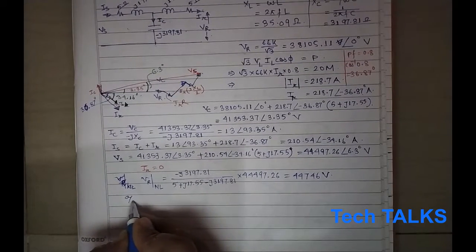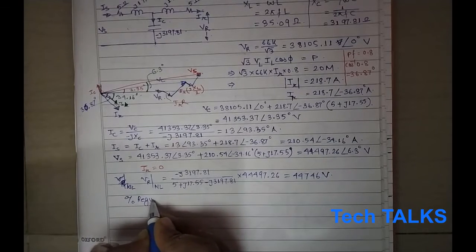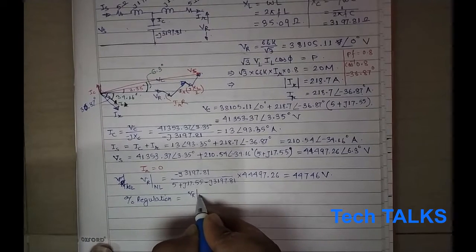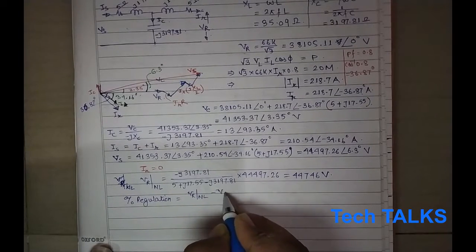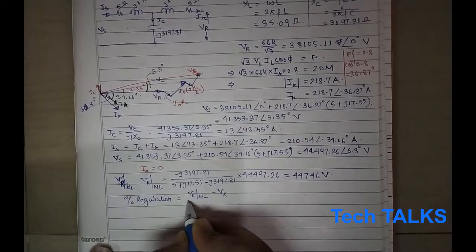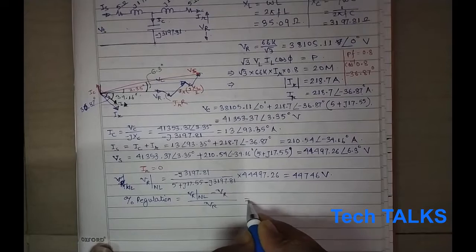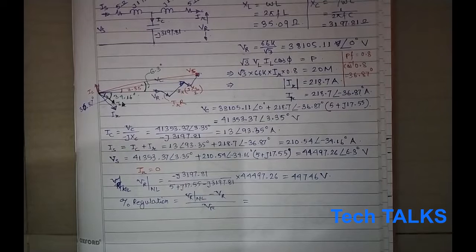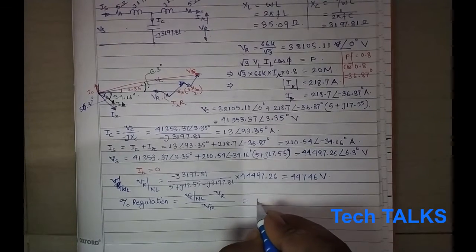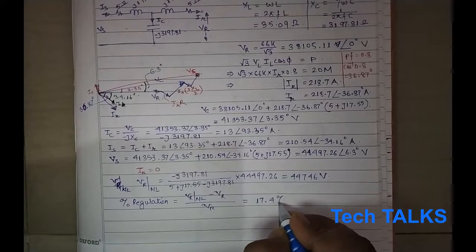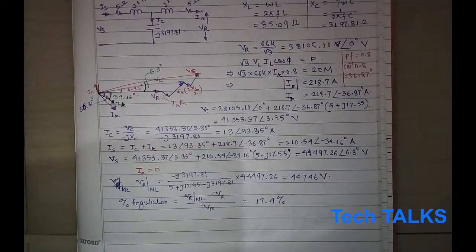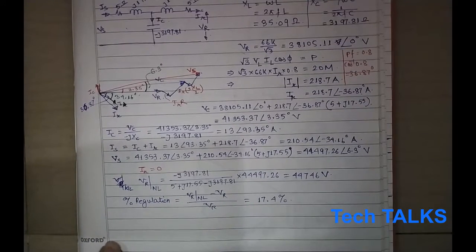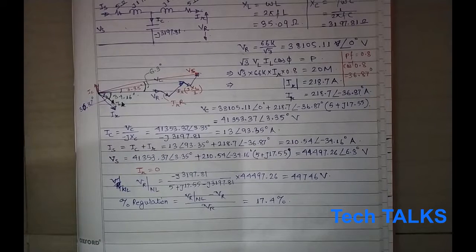Percentage regulation is VR at NL minus VR, divided by VR. So you put values, and you will find that the percentage regulation will be 17.4%. Now next we will be finding out efficiency. Efficiency means output by input.